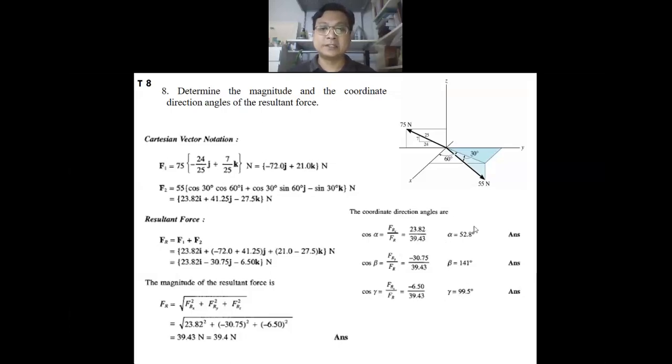So this is every axis angle. Now the resultant is already here, and the angle is already here. To repeat this method, you can use this calculation method to finish all questions until number 12.